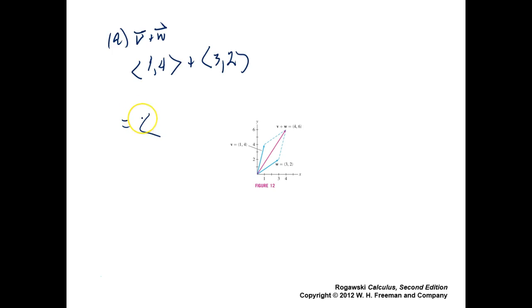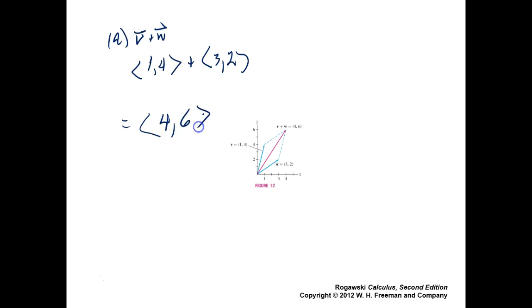I'm sorry. Yeah, that's what we're doing. We're doing A plus C. That will give you this one. What will that be? (4, 6).